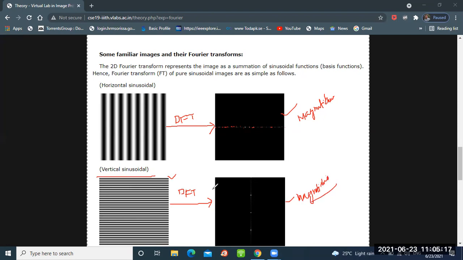Now you can see it is represented by a vertical line, with dots that represent higher intensity values. These two are very important elements for us: how to convert a horizontal sinusoidal image to its respective DFT, and how to convert a vertical sinusoidal image to its respective DFT.